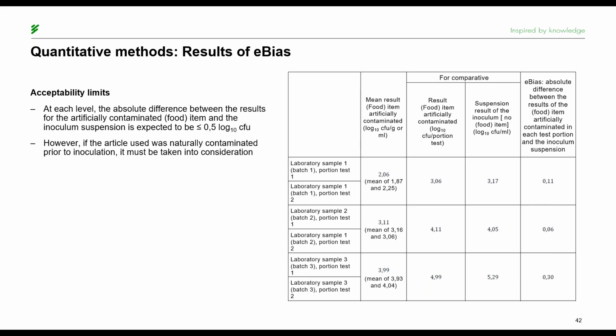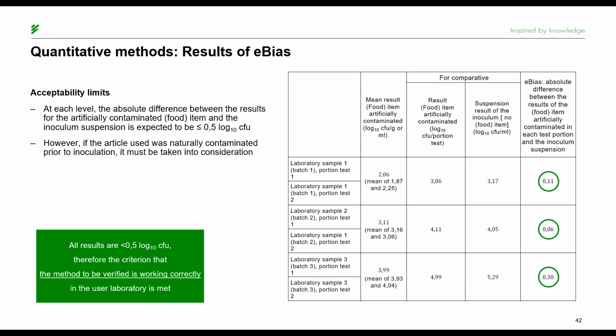Here we have a table with the results of the test obtained from a method to verify, and for the medium level, we have here all the duplicates and the results, and then in the last column, the absolute difference, that is the e-bias. As we can see, each one is less than 0.5 logarithm CFU, with which the acceptability limit would be met, and then the verification of the item would be successful.